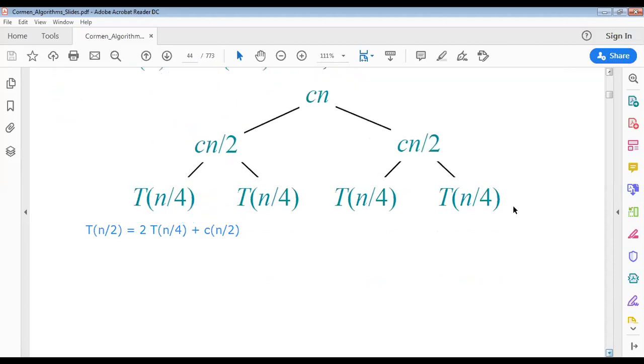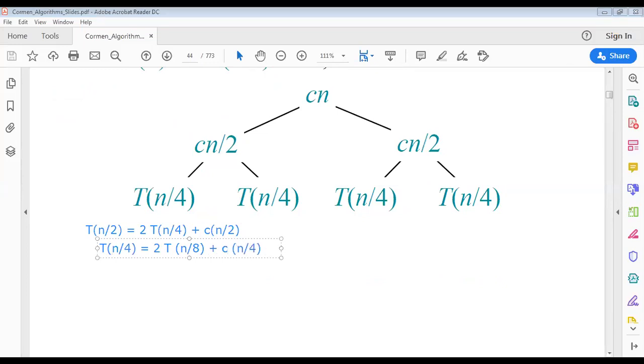So if we have n by 4, what will be the result? T of n by 4 should be equal to 2T of n by 8 plus cn by 4.